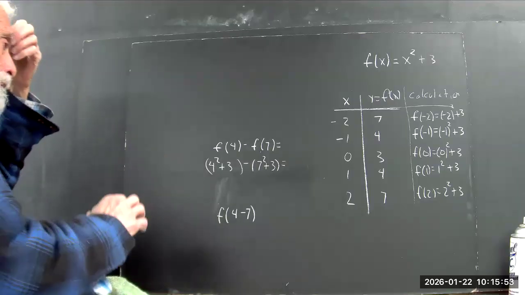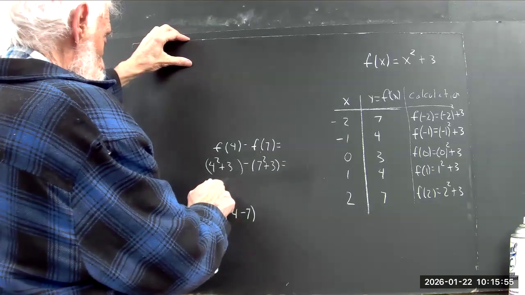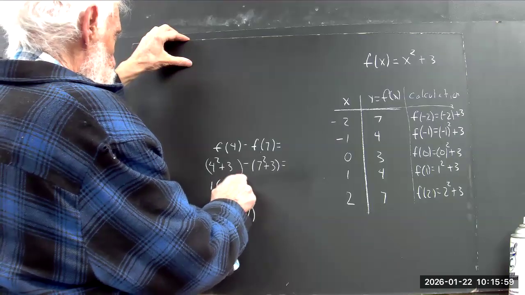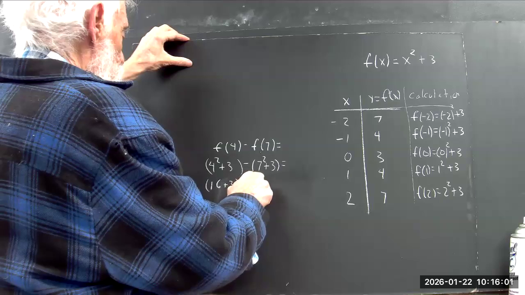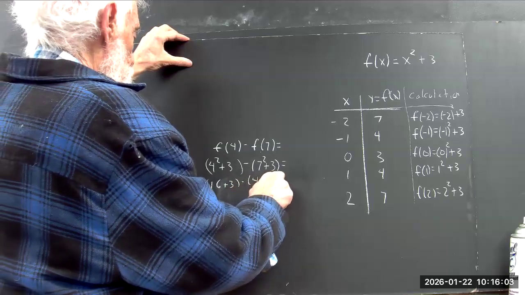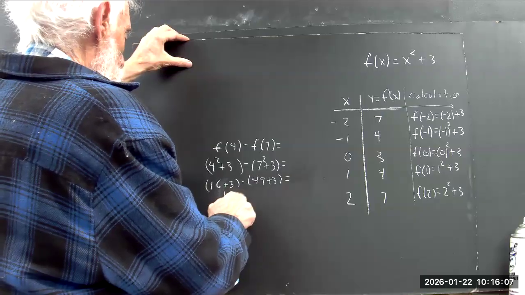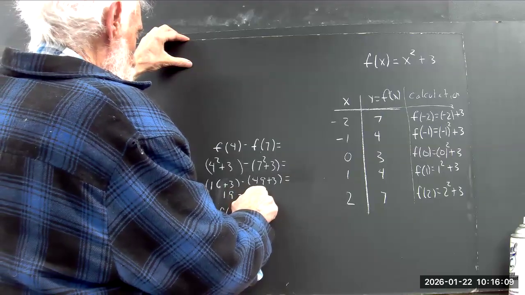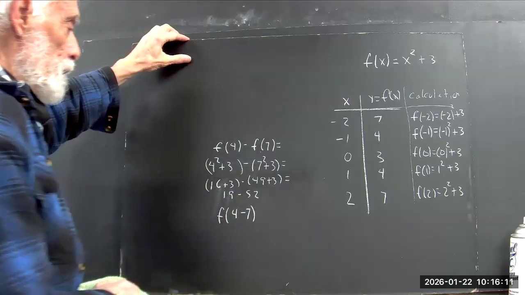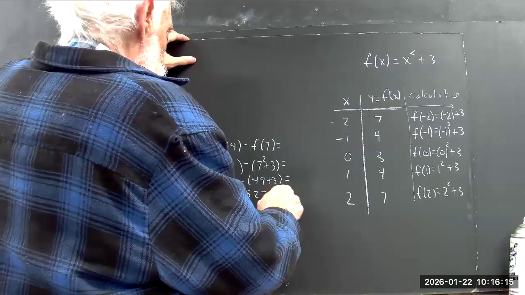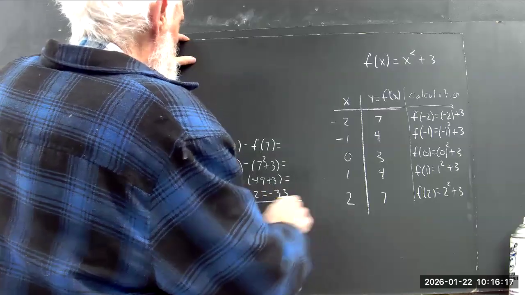I see that in just about every class. So that's 16 plus 3 minus 49 plus 3. And that gives us 19 minus 52. And that's negative 33.